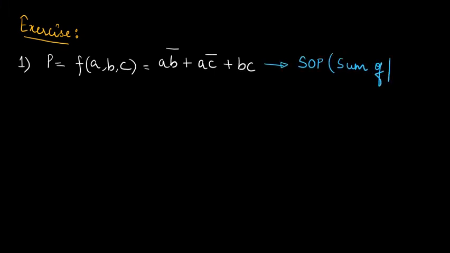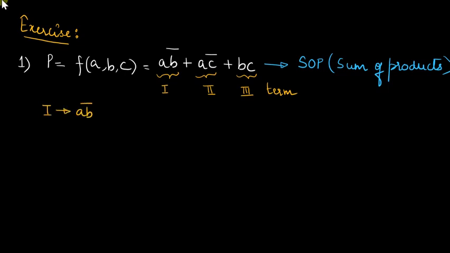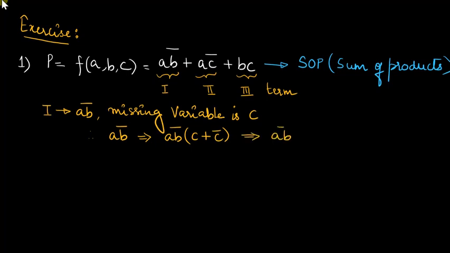There are three terms present, and in the first term C is missing. So we can write AB bar as AB bar into C plus C bar, and this can be expanded as AB bar C plus AB bar C bar.